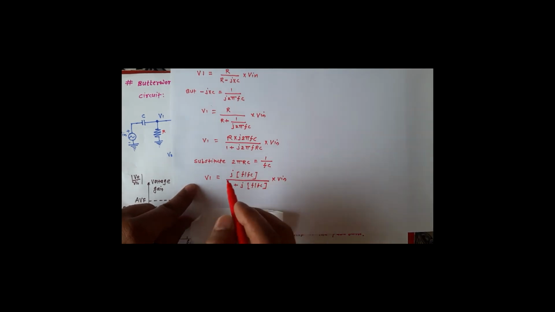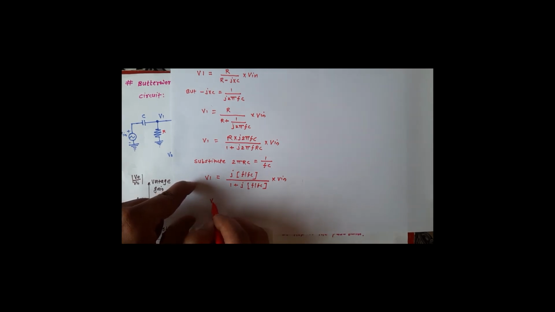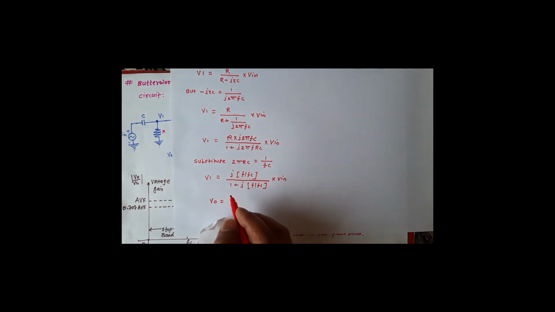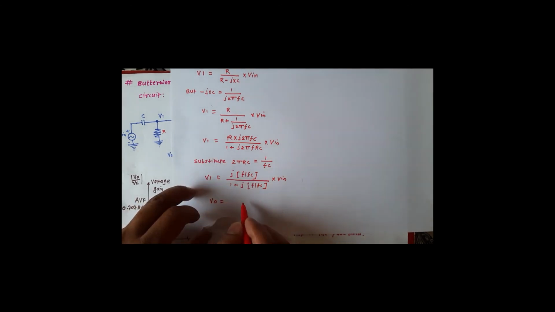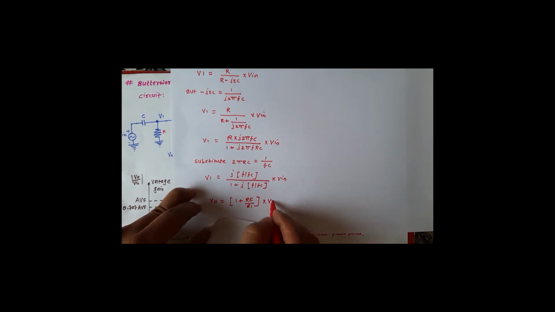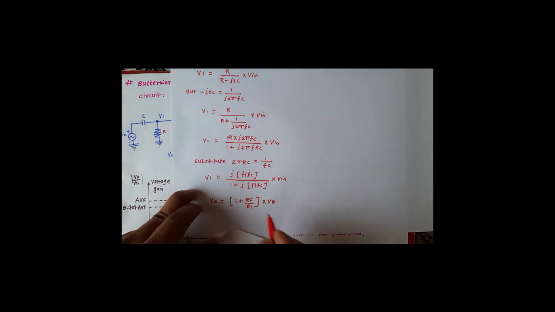Okay, now we have to obtain the output voltage V0. As you know, the output voltage V0 is equal to the gain into its input voltage. The gain is the closed loop gain, as it works in non-inverting mode. So the closed loop gain is 1 plus Rf by R1 into V1. Input voltage is V1. So substitute this V1 in the output voltage V0.